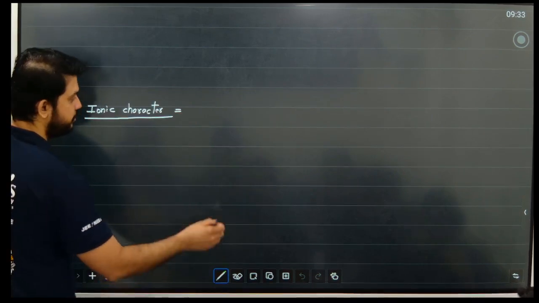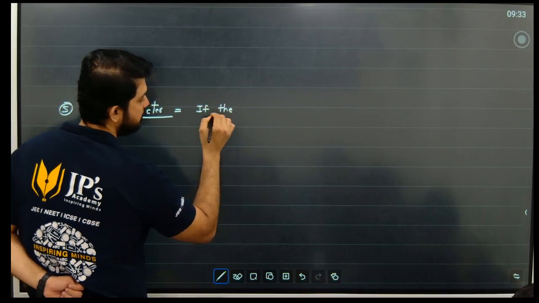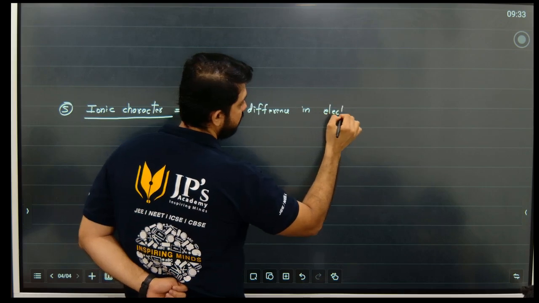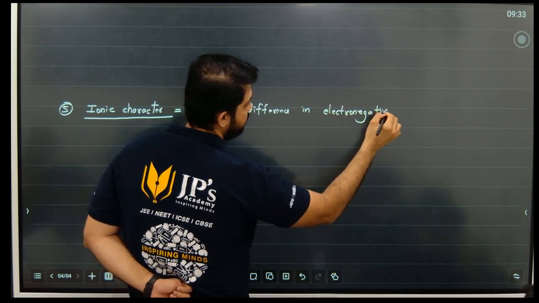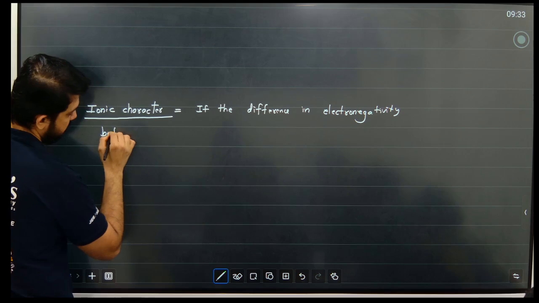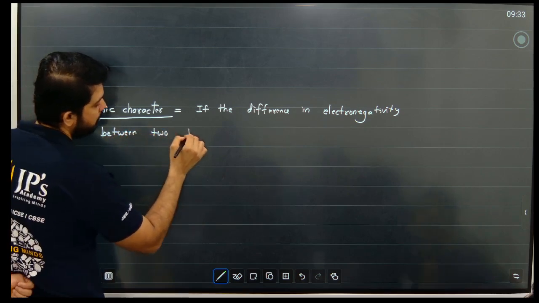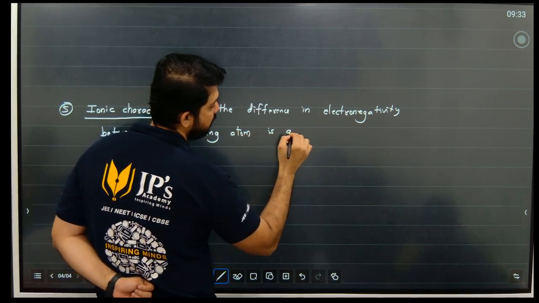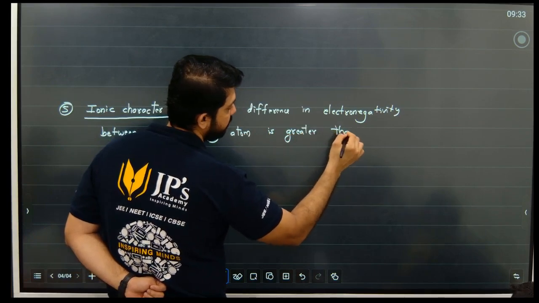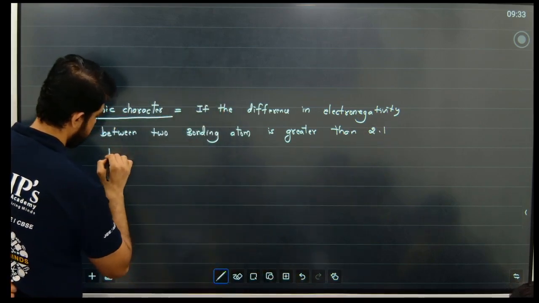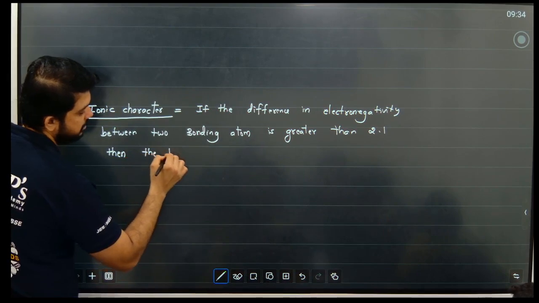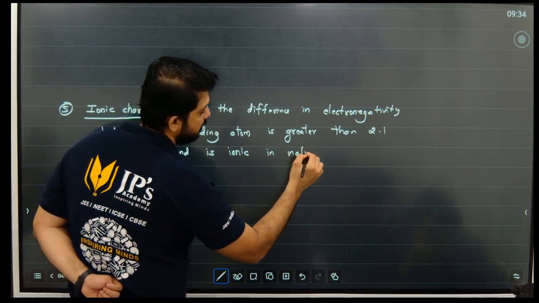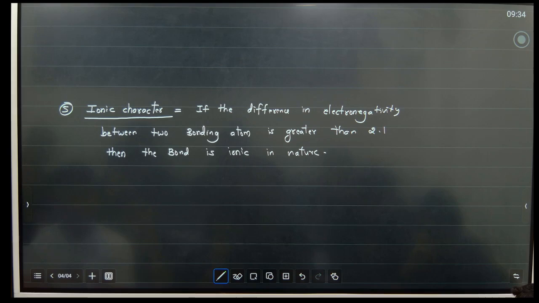Ionic character means if the difference in electronegativity between two bonding atoms is greater than 2.1, then the bond is ionic in nature. Let's take an example.